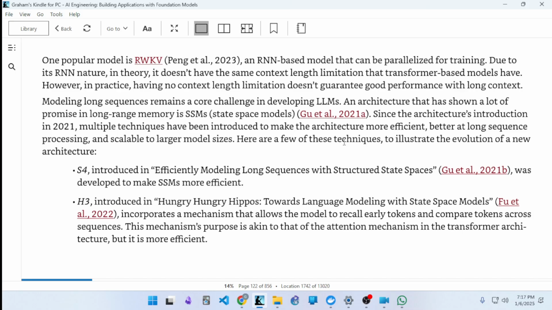S4, introduced in "Efficiently Modeling Long Sequences with Structured State Spaces," was developed to make SSMs more efficient. H3, introduced in "Hungry Hungry Hippos: Towards Language Modeling with State Space Models," incorporates a mechanism that allows the model to recall early tokens and compare tokens across sequences. This mechanism's purpose is akin to that of the attention mechanism in the transformer architecture, but it is more efficient.